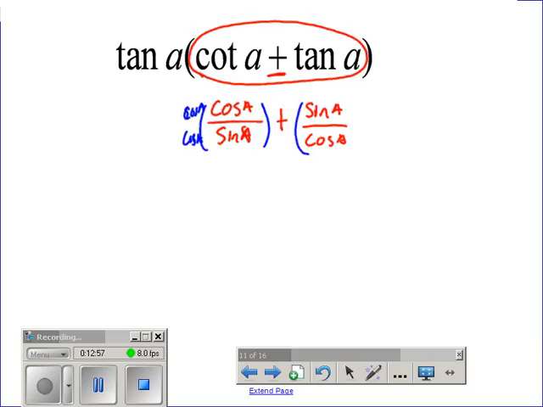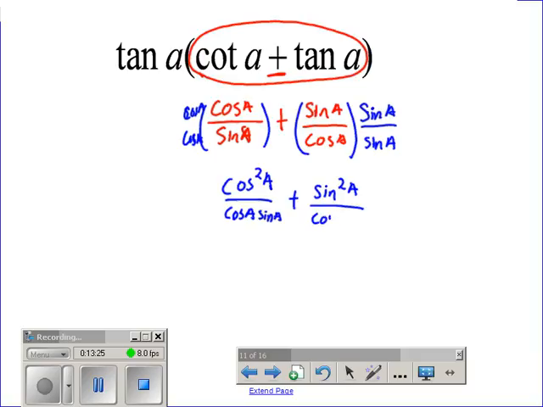To make this one look the same, I need to multiply it by sine A. When I do that, cosine A times cosine A is cosine squared A over cosine A sine A, plus sine squared A over cosine A sine A. Now that they have the same denominator, I can put all of this into one fraction: cosine squared A plus sine squared A over cosine A sine A.